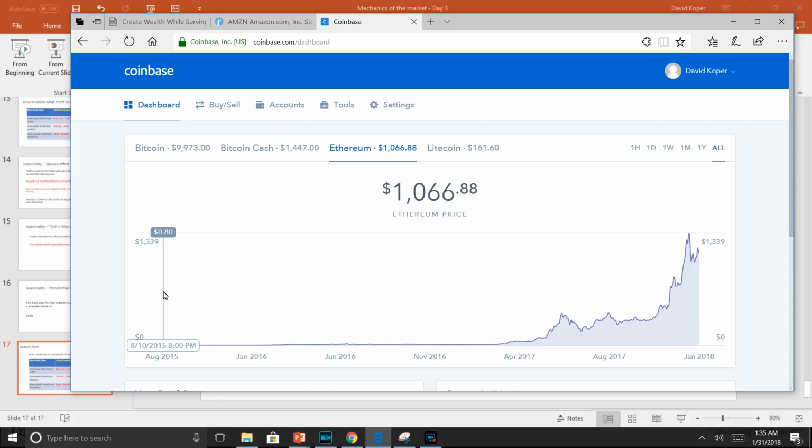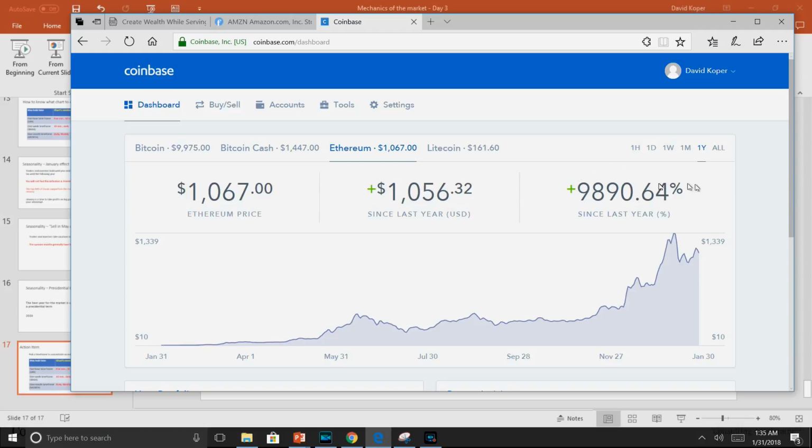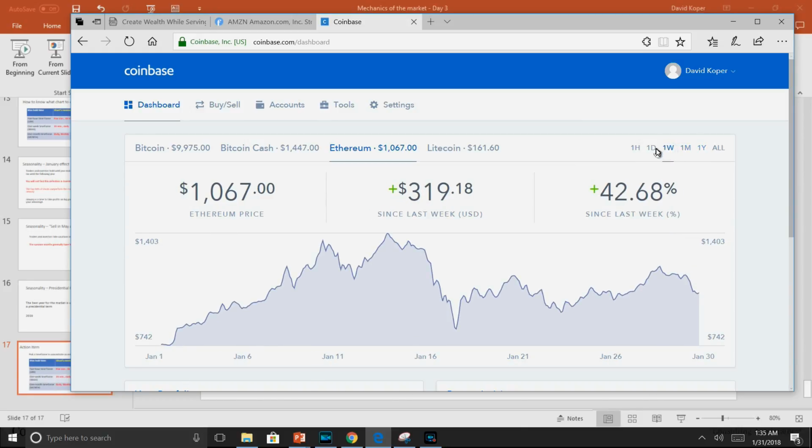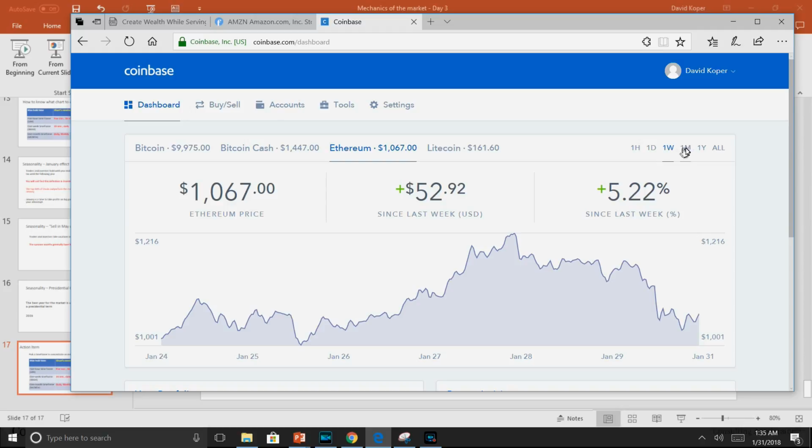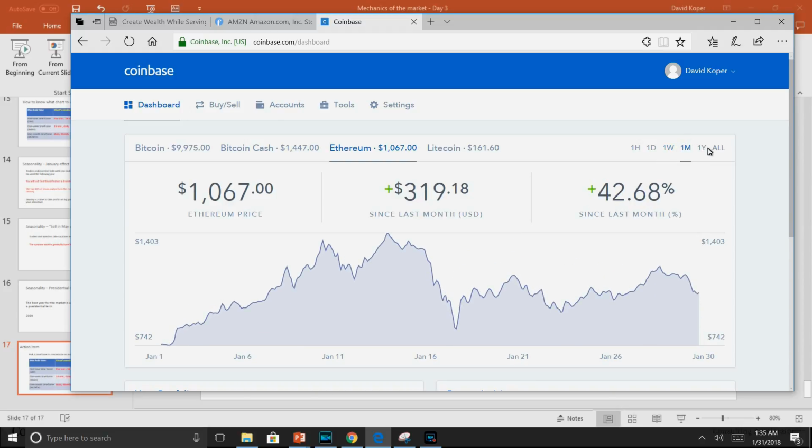And you can see, back when Ethereum was taking off and it was under $1, and now it's over 1,000. So these are huge percentage moves. You're not going to see these in the stock market too often, if ever. But the time frames are the same in analyzing the data.